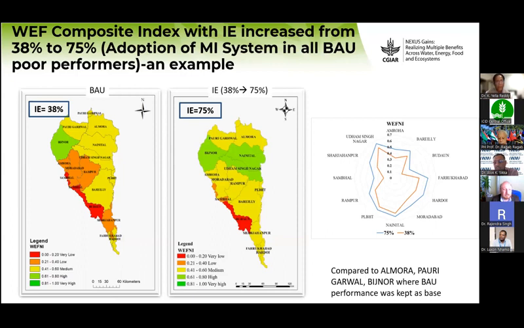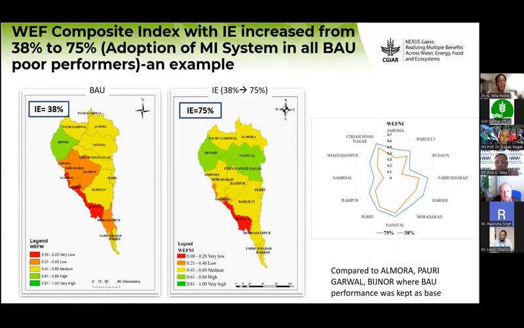So you'll see on the extreme right that there are different districts in the Ramganga basin where we have seen that the blue line was with the higher management level of improved efficiency, and the business as usual is the brown one.